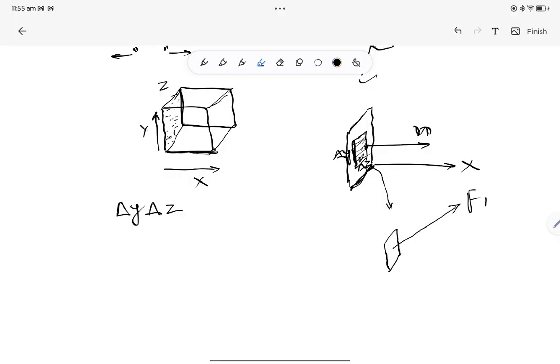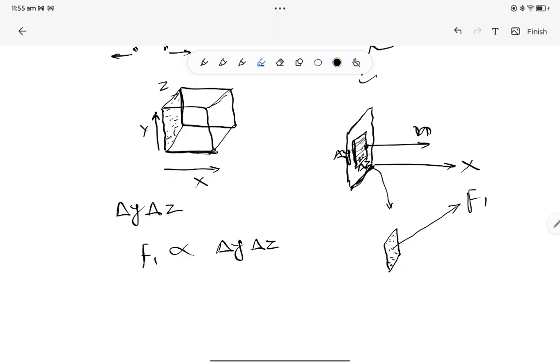This is an intermolecular force. Now it is quite easy to understand that this force must be directly proportional to the area over which it acts, because the greater the area, the more molecules this patch will contain, so there will be more of these intermolecular forces.